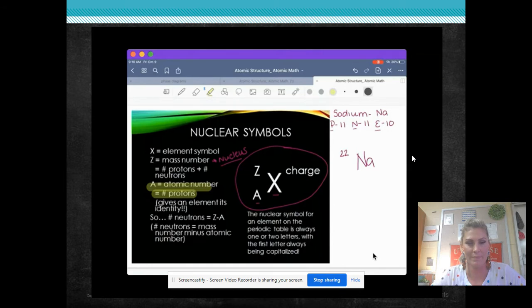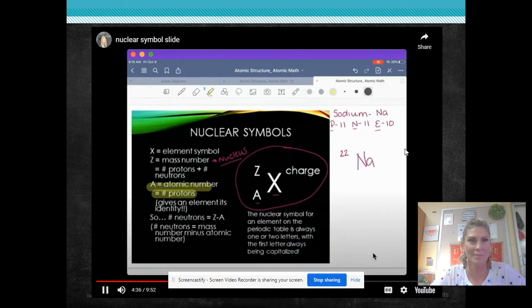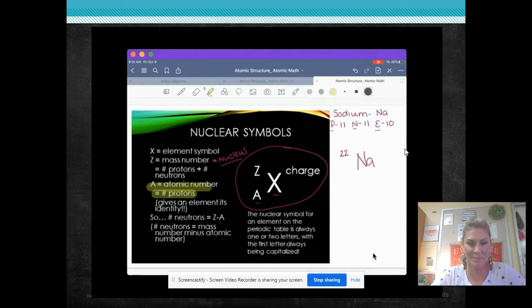Okay. So one thing you'll notice is that each element is assigned its own atomic number. And if you change the atomic number, you change the element. This is a very important piece of information that you need to keep in your brain. It needs to be locked in there, because the atomic number represents the number of protons found in the nucleus.